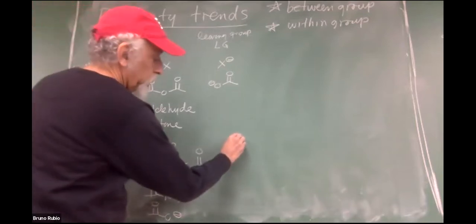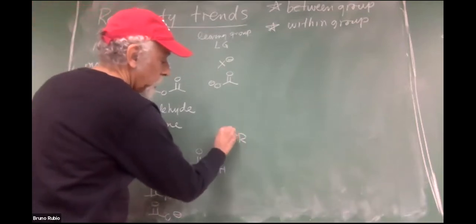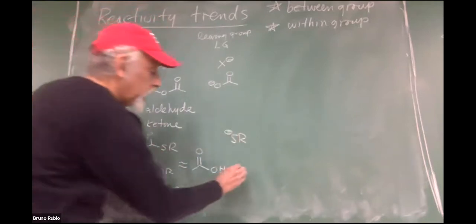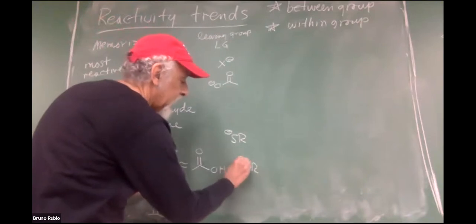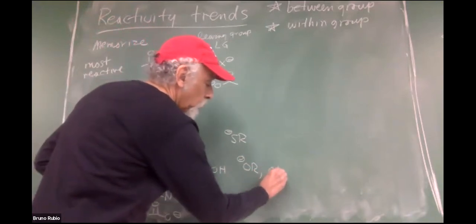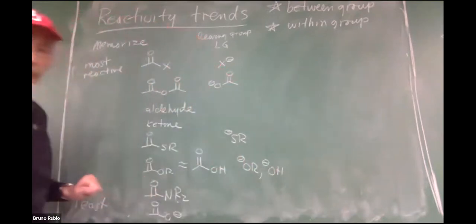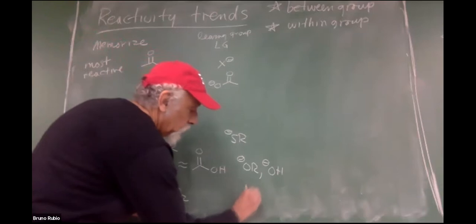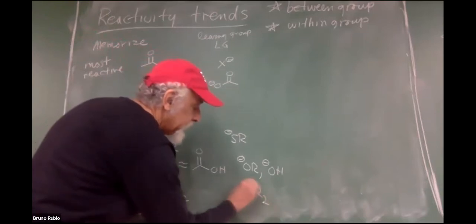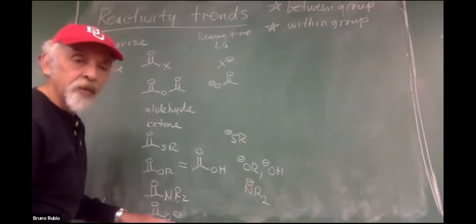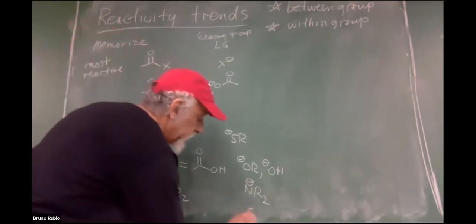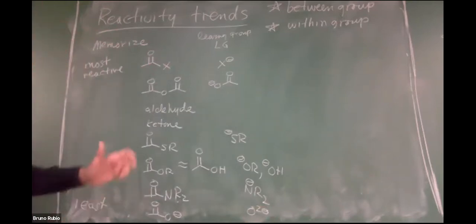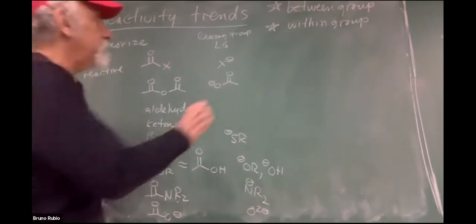The leaving group with the thioester would be this thiolate. The leaving group with a regular ester would be an alkoxide. The leaving group with carboxylic acid would be hydroxide. The leaving group down here would be NR2 minus. And the leaving group down here with the carboxylate would be O2 minus. Those are the leaving groups, and I put a negative charge on everything.